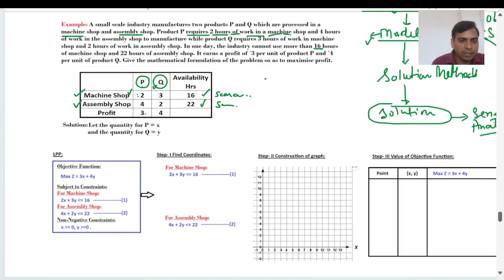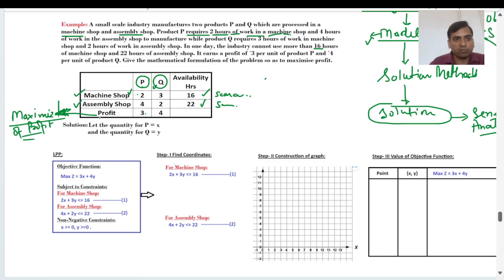So we will consider that the objective of the solution of this problem is how much quantity we should produce of P and Q to maximize the profit. If we think in terms of a business person, the objective is maximization of profit.